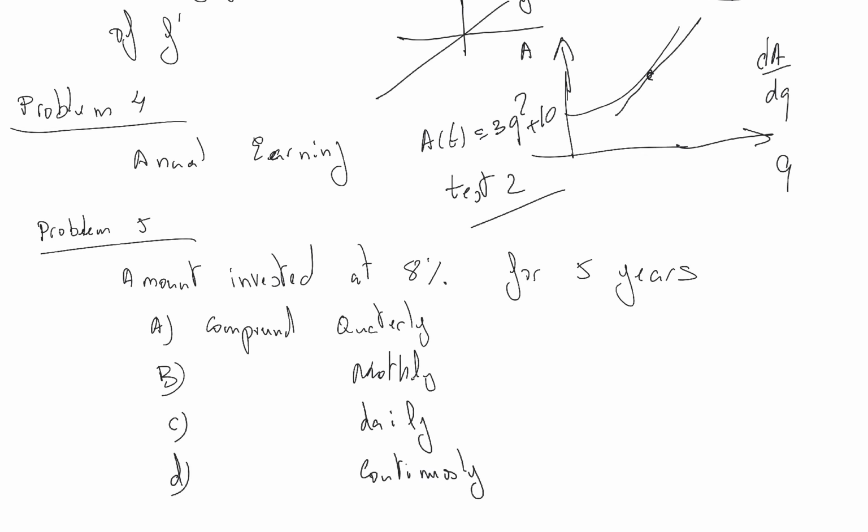Problem 5. If you invest, let's say, $1,000 at 8% for 5 years, how much money will you have if you compound quarterly, if you compound monthly, if you compound daily, if you compound continuously. Well, this is a very similar problem to one on test 3. You can see it in the video about percentage, I think.